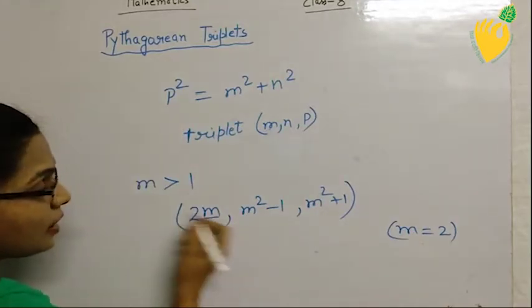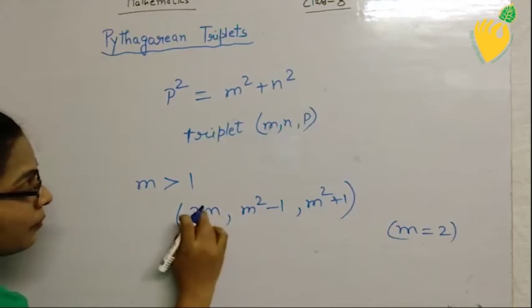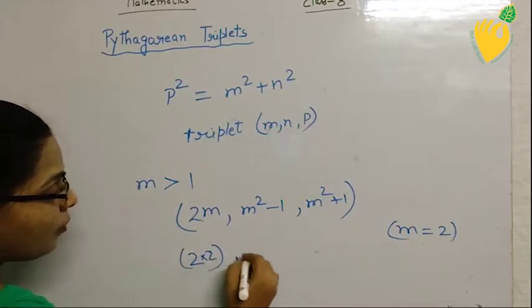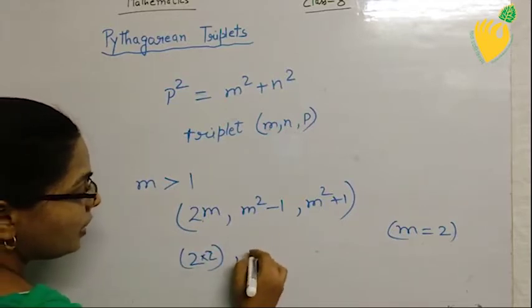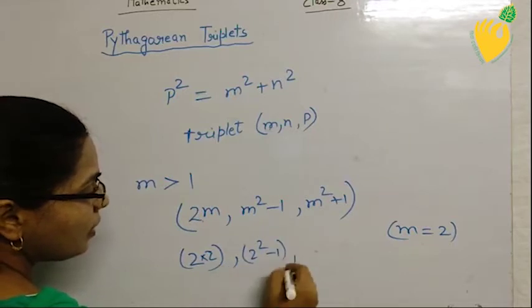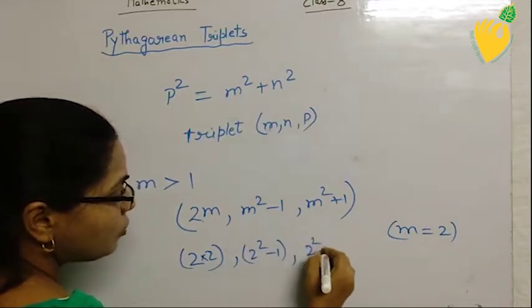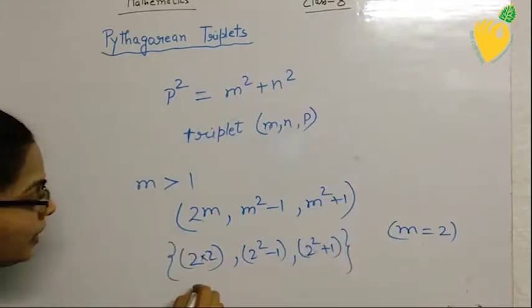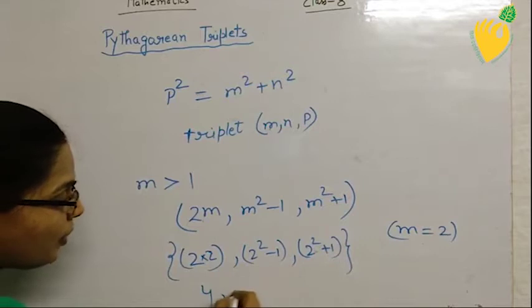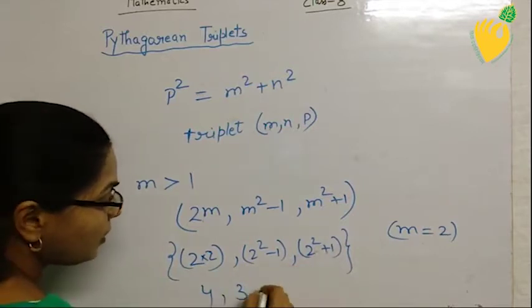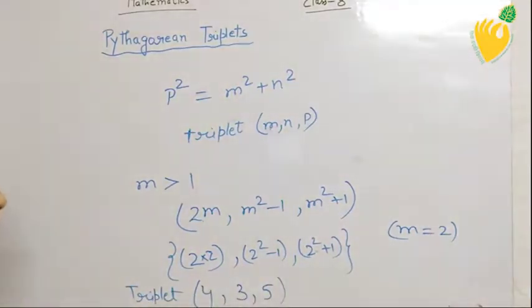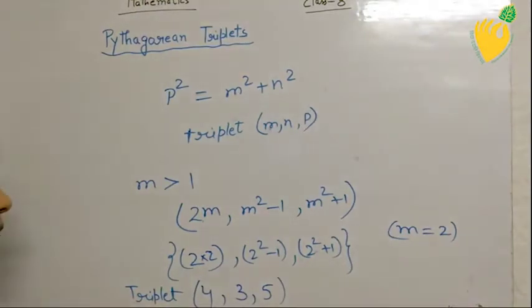So if we write 2 in place of m, we will get 2 into 2, comma, m square minus 1, that is 2 square minus 1, comma, m square plus 1, that is 2 square plus 1. So we will get the triplet 4, comma, 4 minus 1 is 3, comma, 4 plus 1 is 5. So we can say the triplet 4, 3, 5 is a Pythagorean triplet.